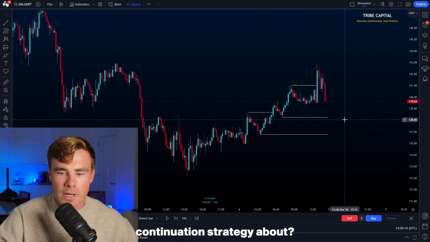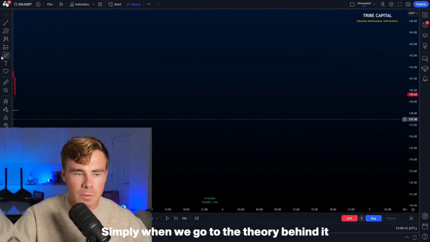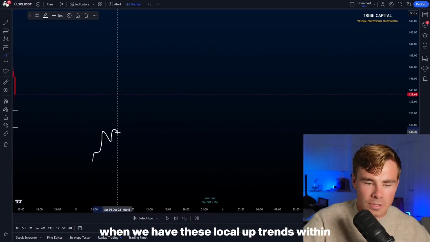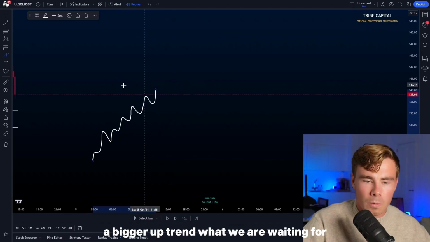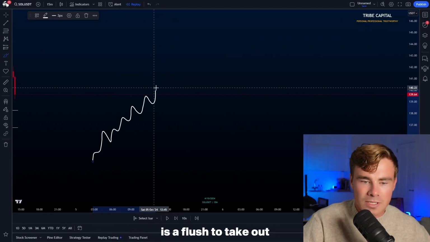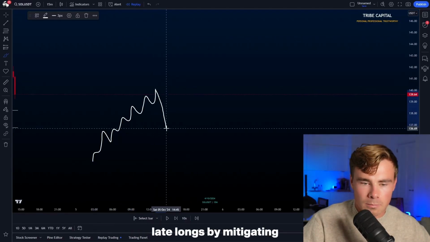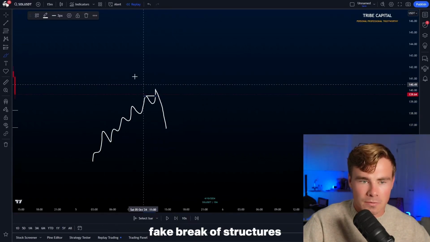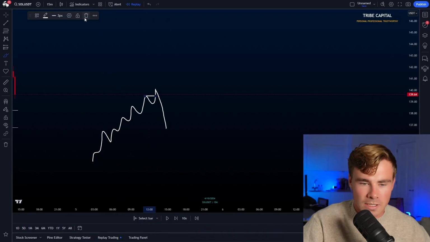Now, what is this continuation strategy about? Simply, when we go to the theory behind it, when we have these local uptrends within a bigger uptrend, what we are waiting for is a flush to take out late longs by mitigating the liquidity that we engineer due to the fake break of structures within the local uptrend, as I explained.